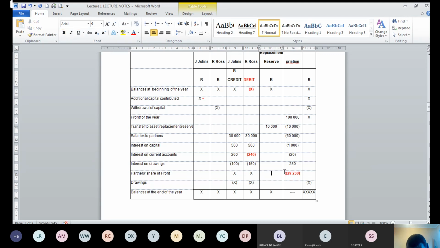And once you've got the available profit, you go back to the partnership agreement to share that profit. If the question tells you that the profit must be shared equally amongst the partners, then you transfer to each partner's current account 14,615.